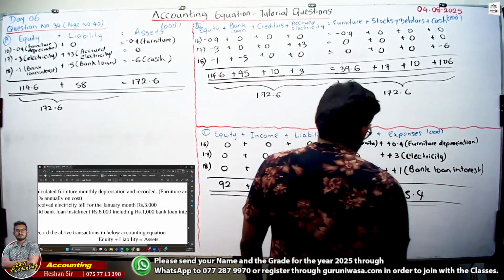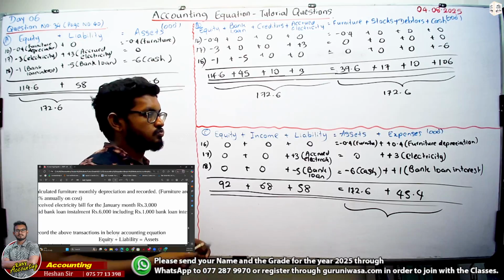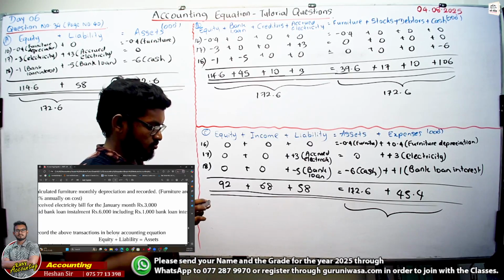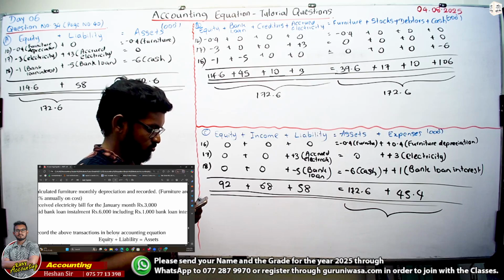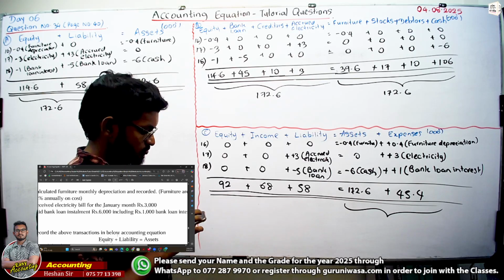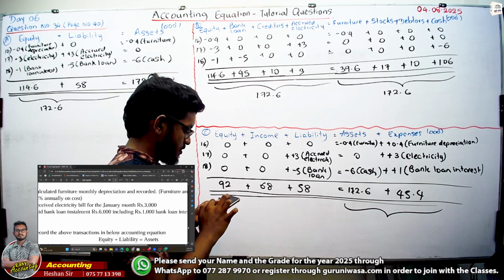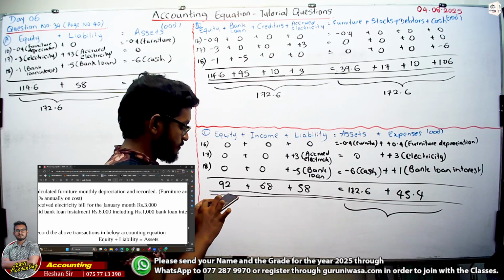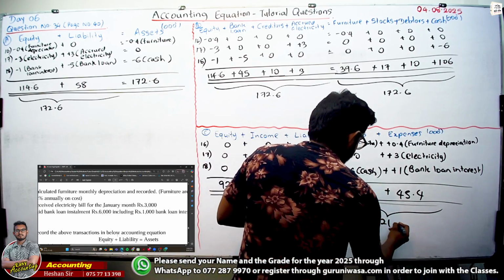What is the total of these two? 172.6 plus 45.4, which means 218.